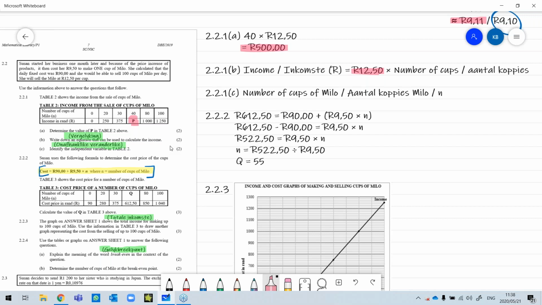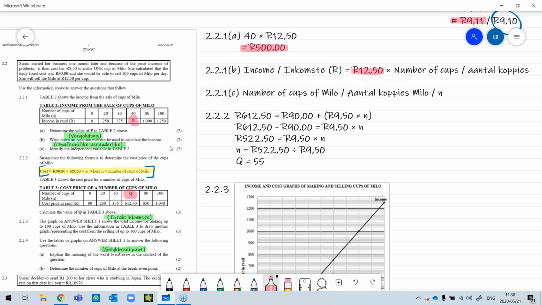So let's have a look over here. They wish us to determine the value of Q. So this is the number of cups of Milo sold for a cost price of R612.50. Now we are going to substitute the information given to us into the formula given here at the start of the question statement.